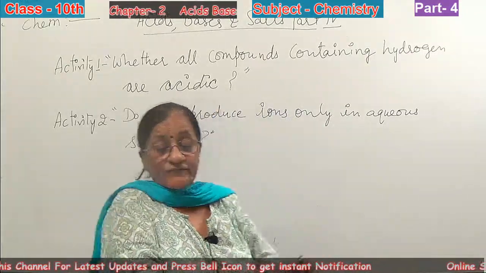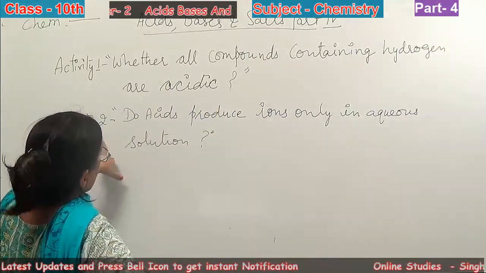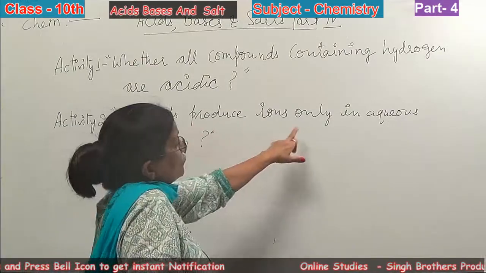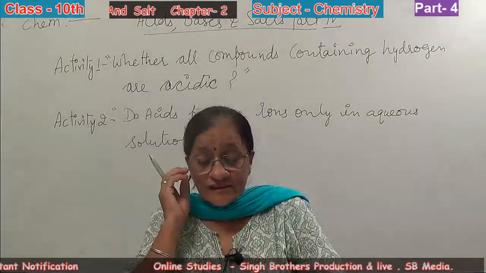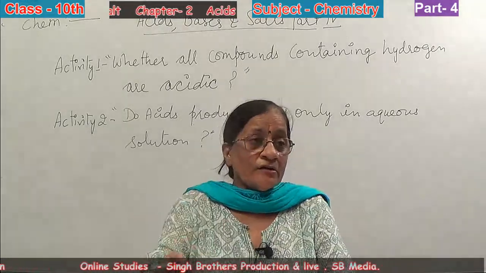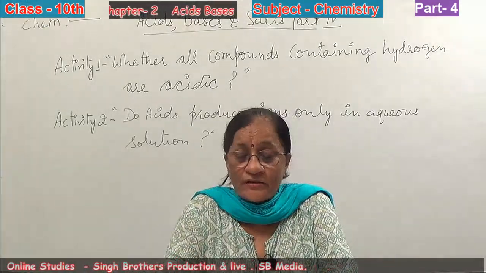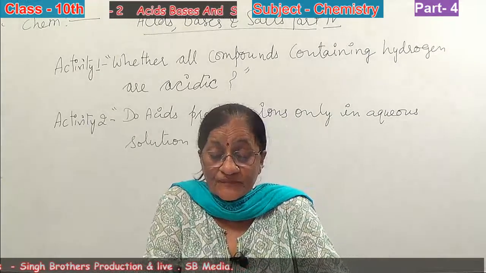Now one more activity that is given in the NCERT book: do acids produce ions only in aqueous solution? This activity is given on page number 23, and it is activity 2.9.